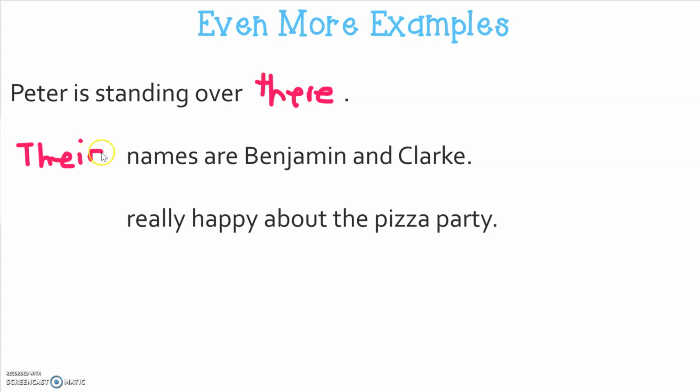Their names are Benjamin and Clark. And last one, I would say this one, blank really happy about the pizza party. So I'm thinking that it will be this last there, which would be they're. They're really happy about the pizza party, meaning they are really happy about the pizza party.